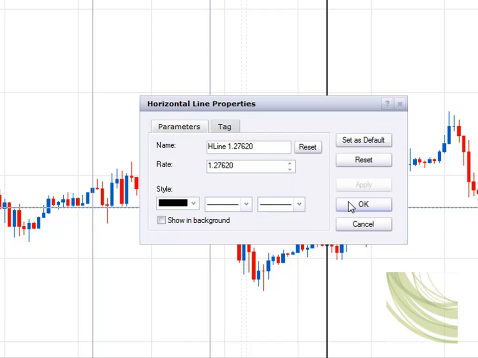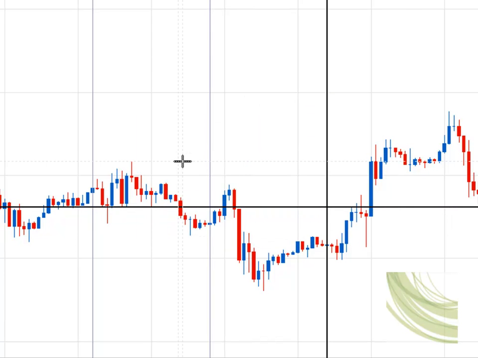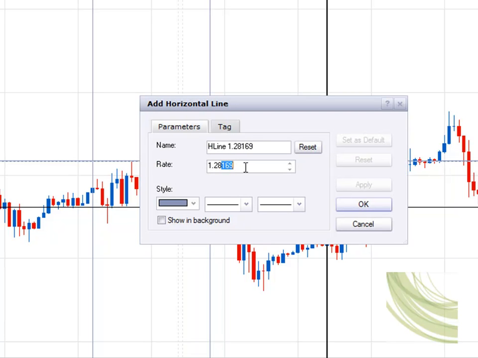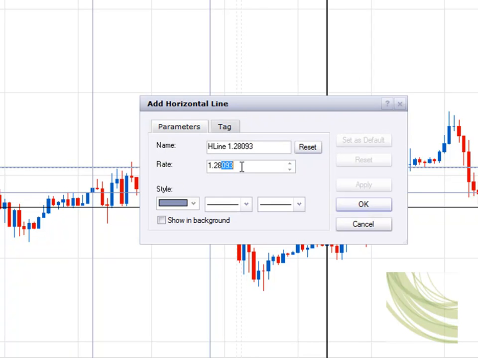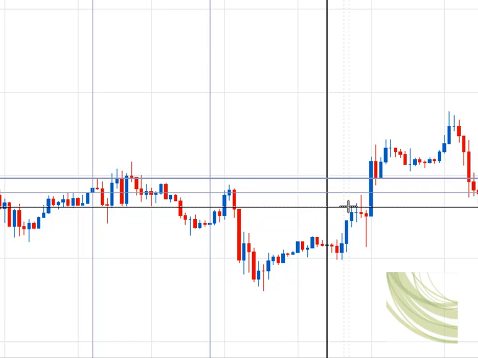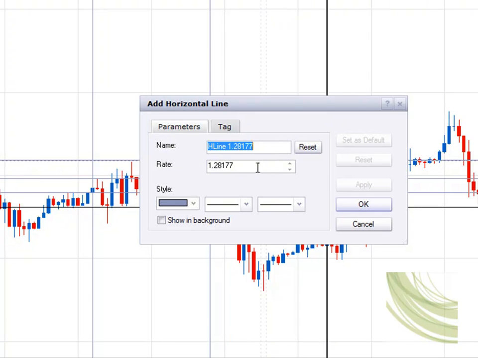Then after that, the M3, we have 1.2779. Then we have our R1, 1.2796. M4, 1.2824.